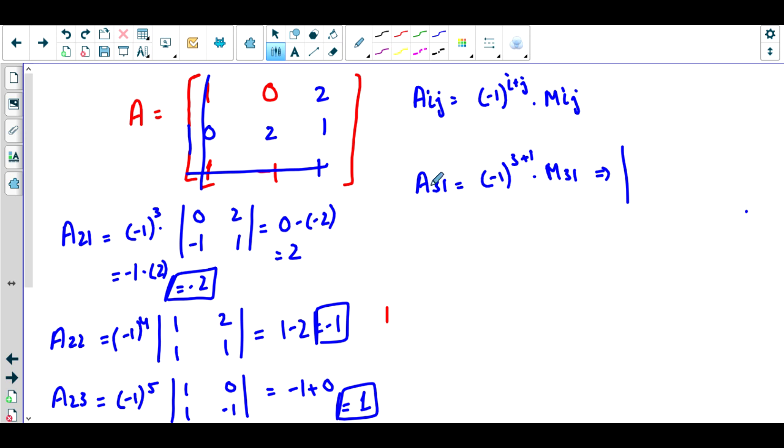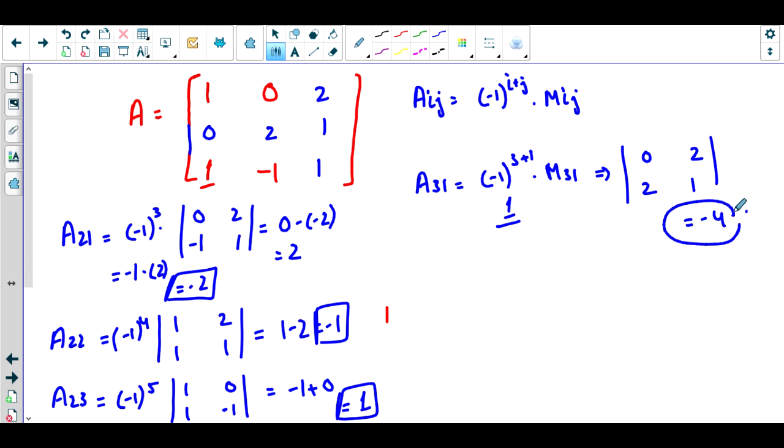When we remove it, we are left with 0, 2, 2 and 1. 0 1s are 0, minus 4, but it's an even power, so A31 will be minus 4. Because it's minus 1 power 4, it will be 1, so it will not make any difference. You have minus 4.